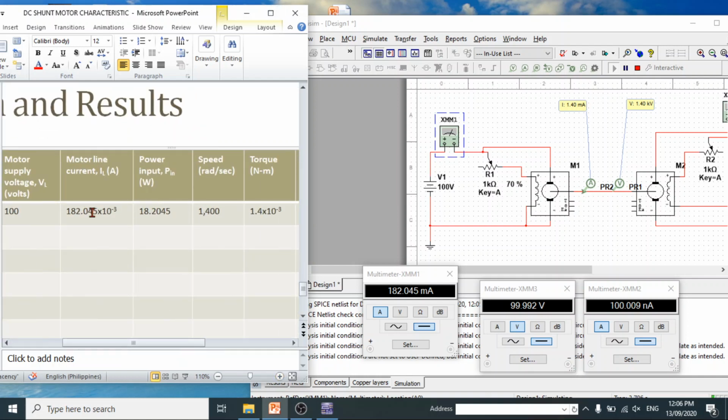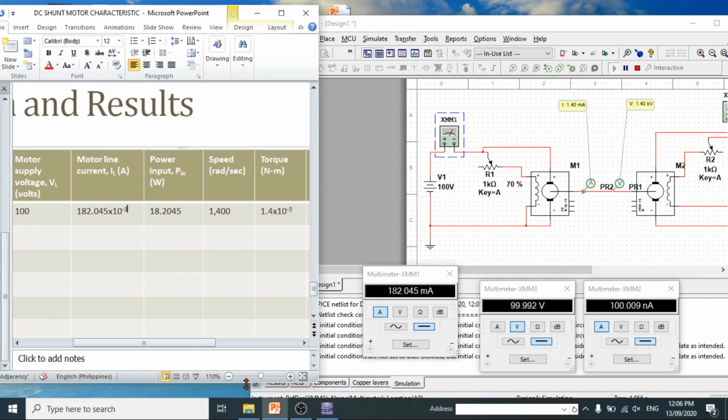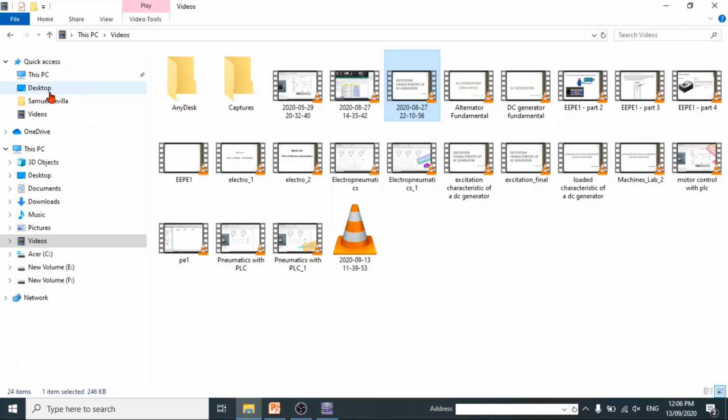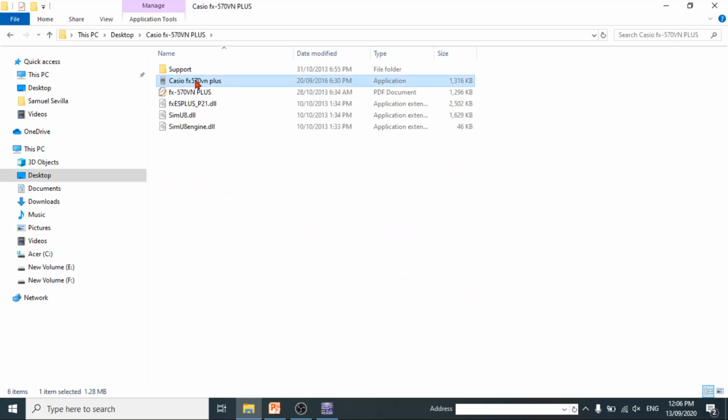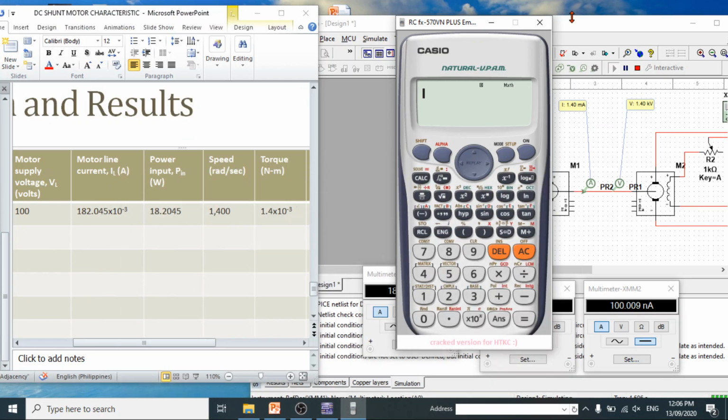So the input power is the product of the voltage and current. Multiplying 100 times 182.045 times 10 to the power of negative 3, that's 18.2045 watts.